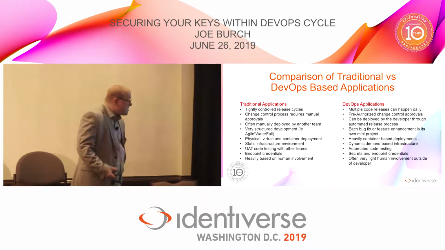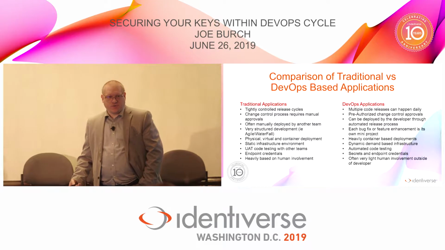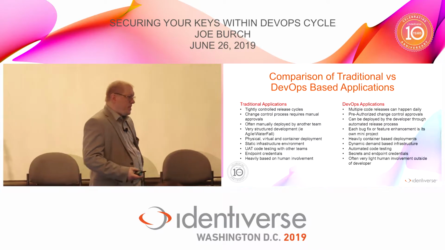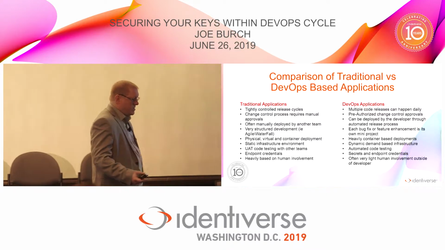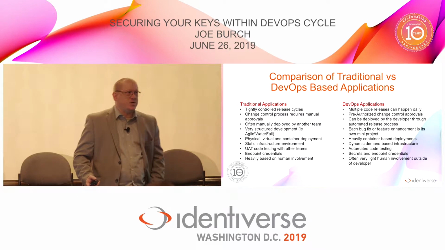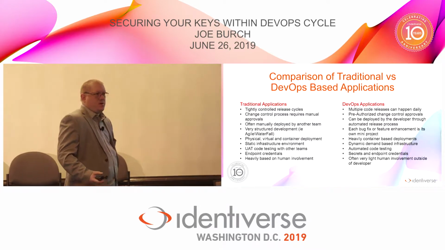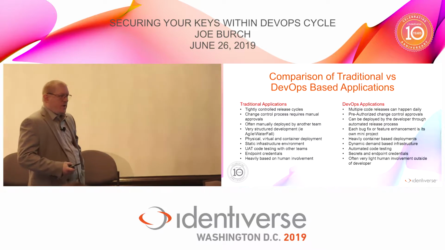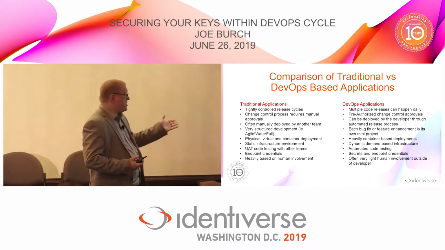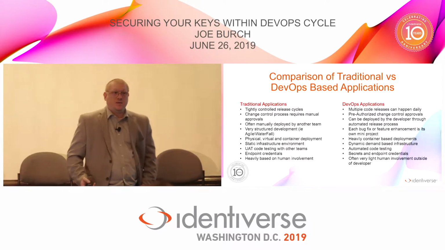The infrastructure is also static in a traditional situation. In DevOps, I might have servers and containers being spun up and down depending on the real-time demand for that application. It could be literally hundreds and hundreds going up and down constantly, so it's very hard to dictate what that's going to look like. In a traditional environment, you have X number of servers, and that's normally pretty static, okay?